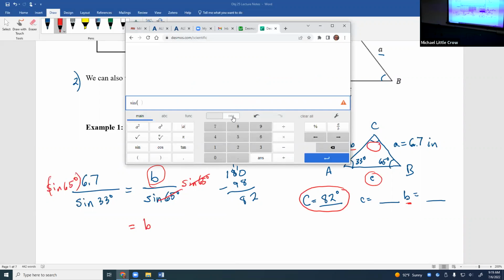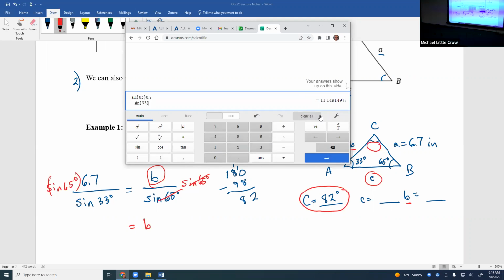And we are in degree mode, which is good, I think, right? That's degree. Good. Times 6.7 divided by sine of 33. And we're going to get that it's 11 point.